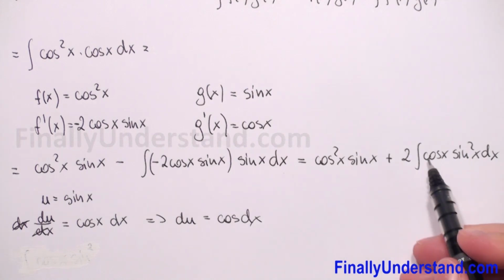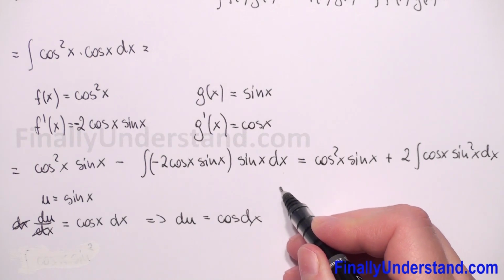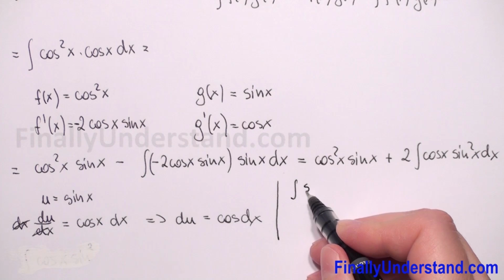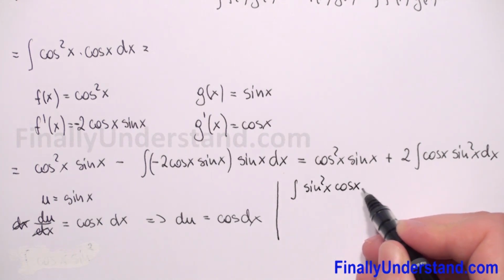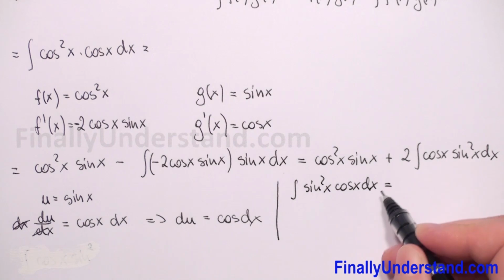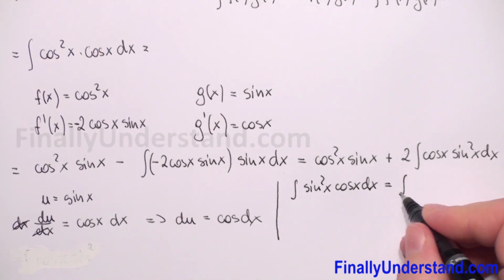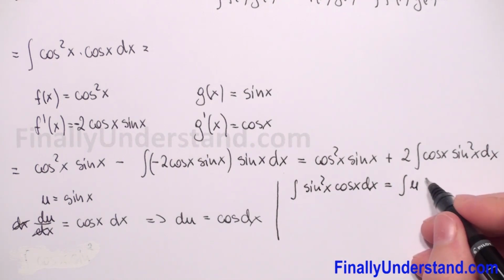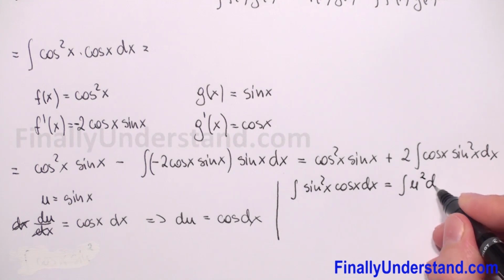So now first we will solve this integral. Let me rewrite this here. We have integral, and I will put first sine square of x times cosine of x with respect to x. So this is equal, for sine we have to put just u. So we have integral of u to second power because we have sine square, and cosine dx is equal du.